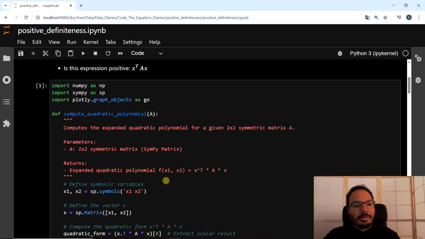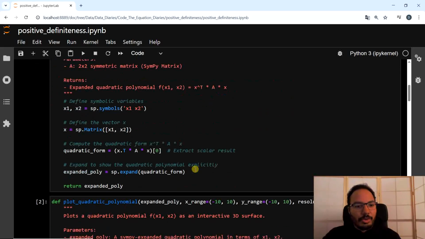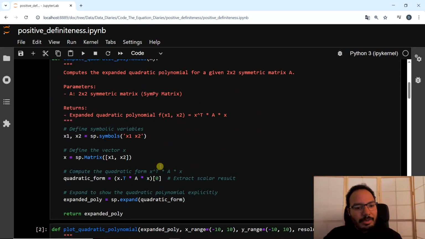I created a function using Python SymPy that takes as a parameter a 2×2 symmetric matrix as an input, and it returns the quadratic polynomial. So let's see how this works. First of all, in SymPy, we need to define the symbols over here. So we have x1 and x2 for the 2×2 case.